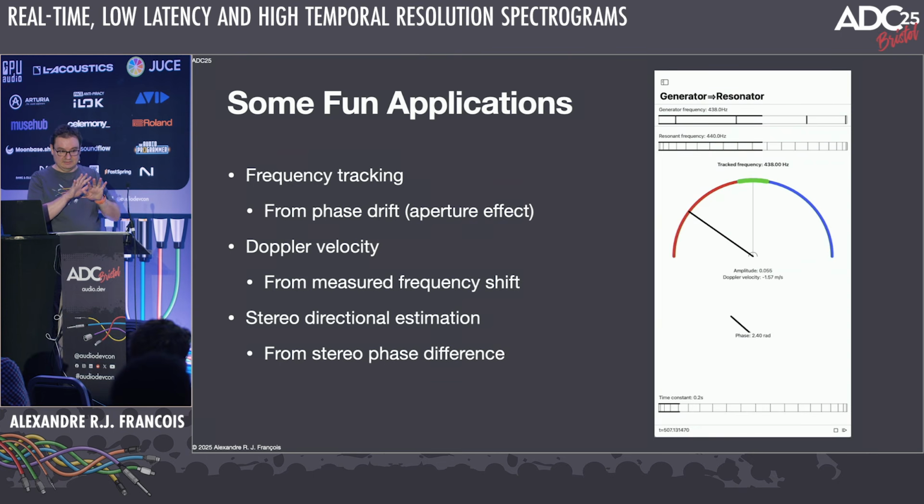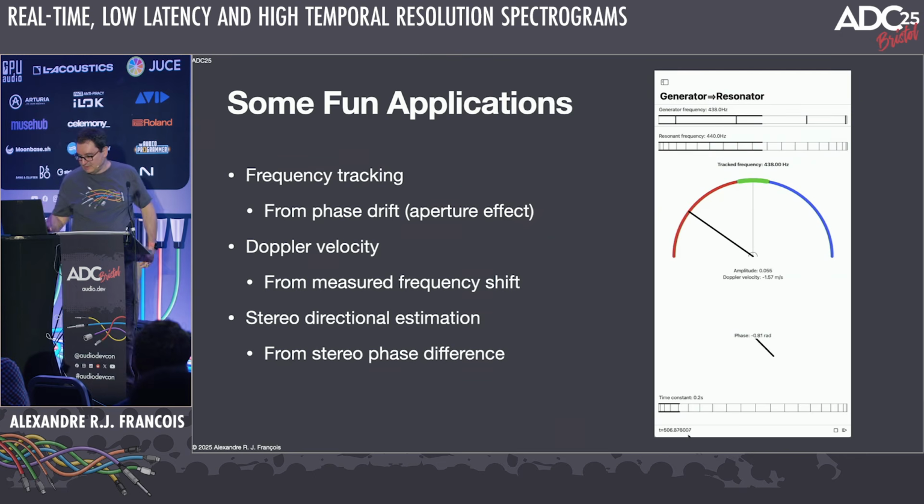They will be in phase. It doesn't move. If it's not exactly the same frequency, it will just be a little bit faster and you will see your phase drift. So in this case, it's a little bit slower. From the phase drift, you can recover the actual frequency of the input signal.